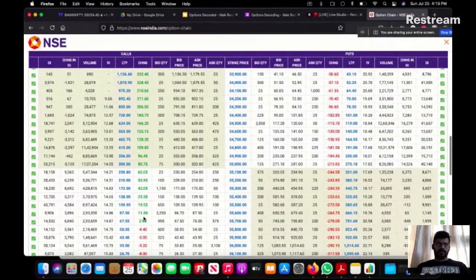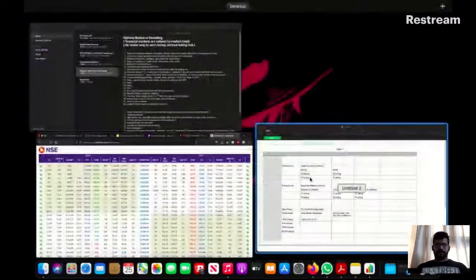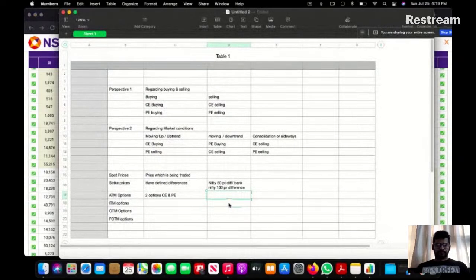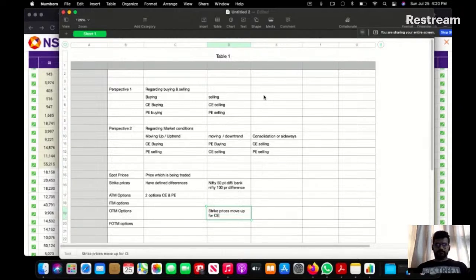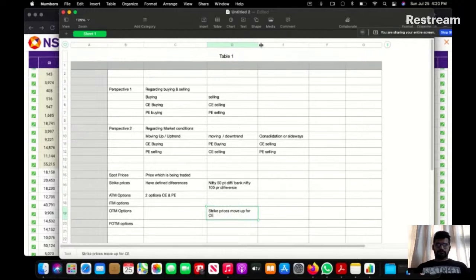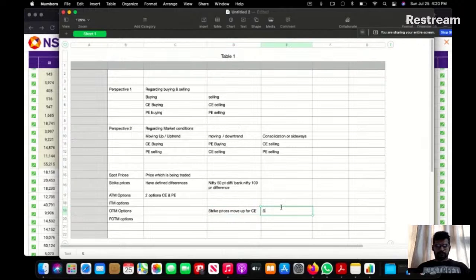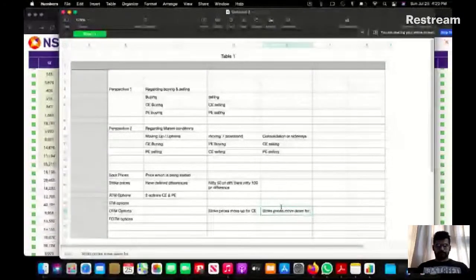Okay, don't worry. For out of the money options, strike prices move up for call, and strike prices move down for put.